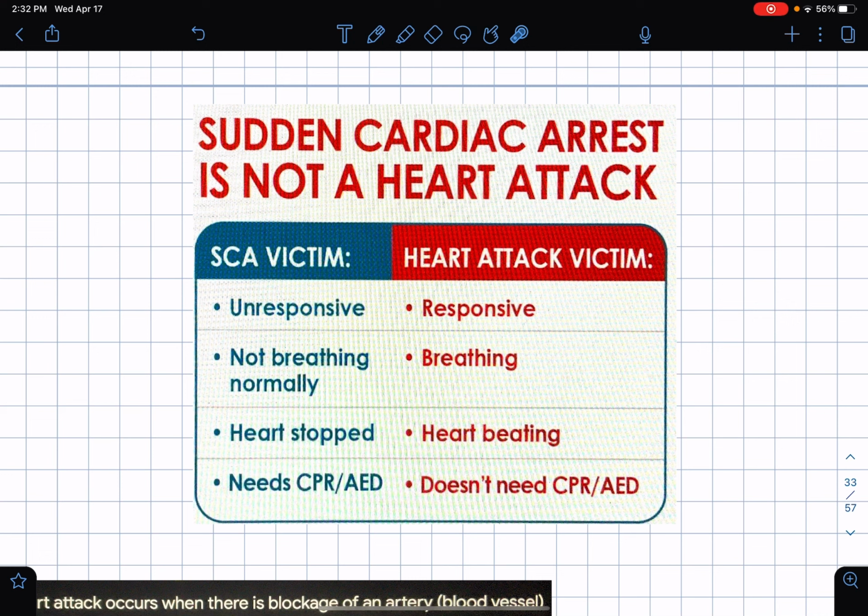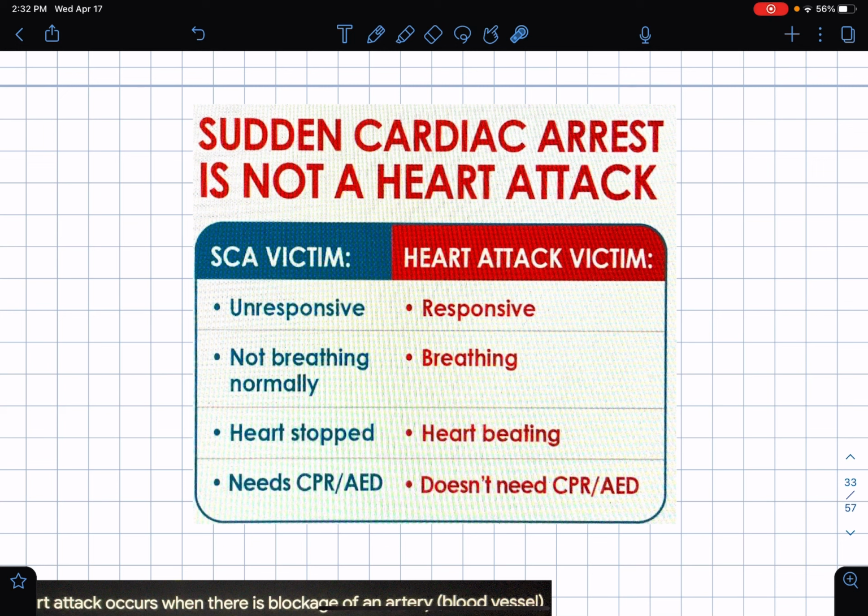For a victim of cardiac arrest, he or she is unresponsive. I take back what I said a while ago regarding heart attack victims being unresponsive. They are responsive. They are breathing. Their heart is beating, and they don't need CPR or AED. I don't know what AED is, but CPR is cardiopulmonary resuscitation.